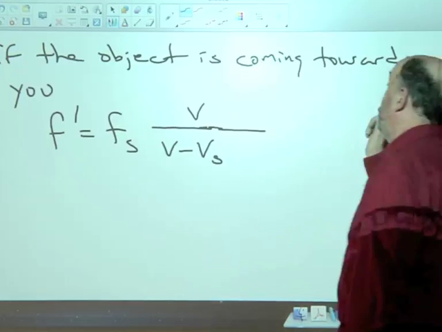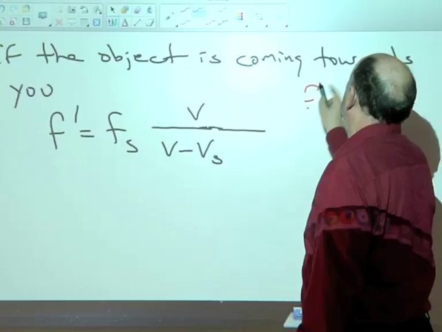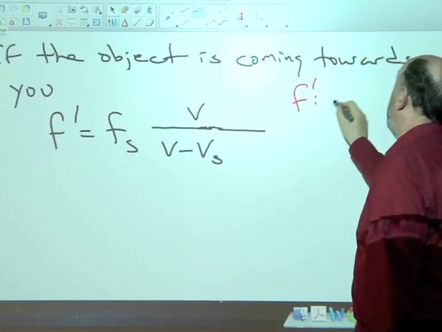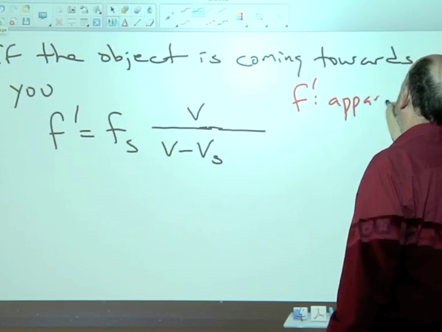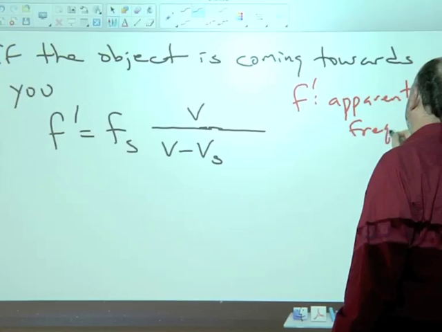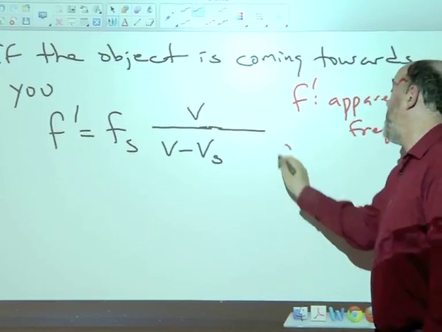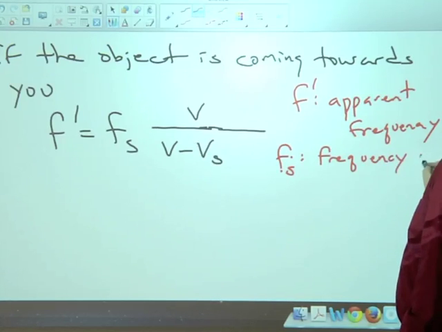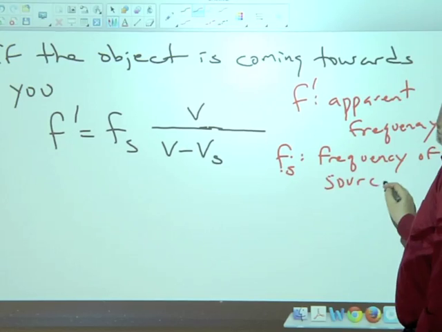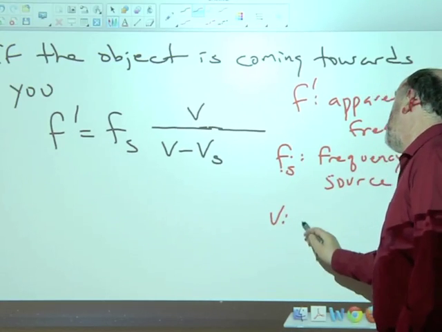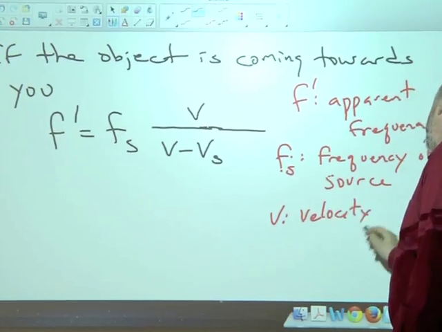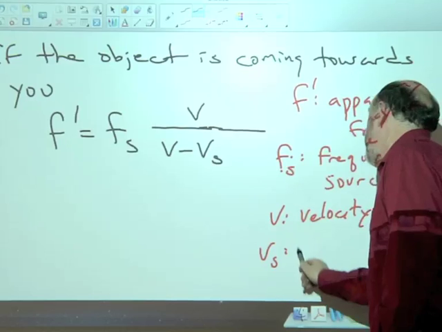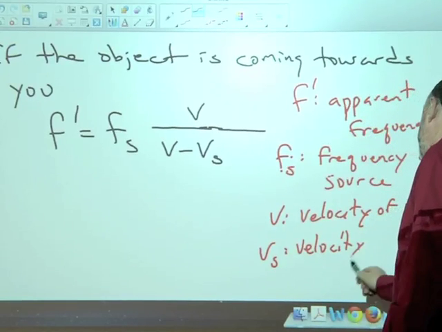Here f prime will be the apparent frequency, f sub s will be the frequency of the source, v will be the velocity of sound, and then v sub s will be the velocity of the source.